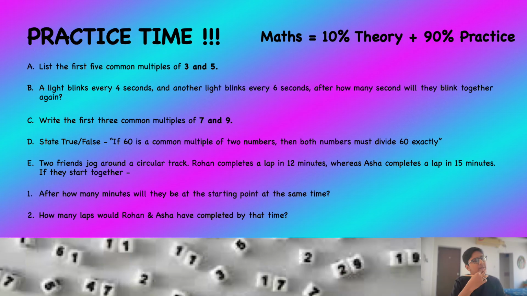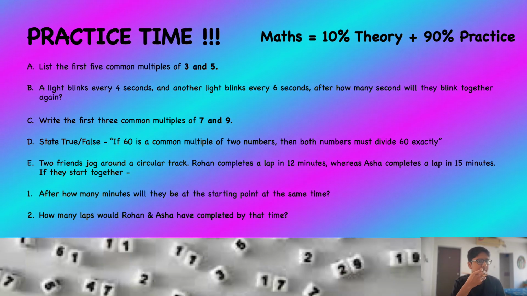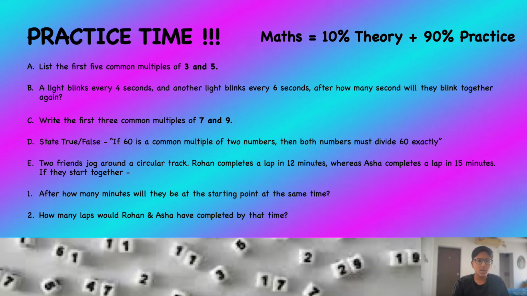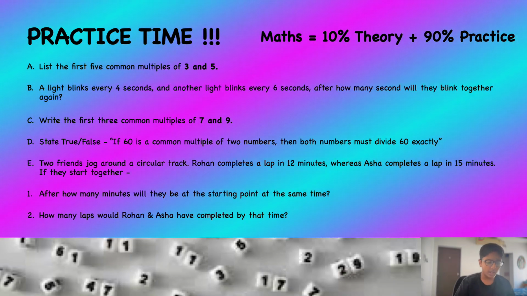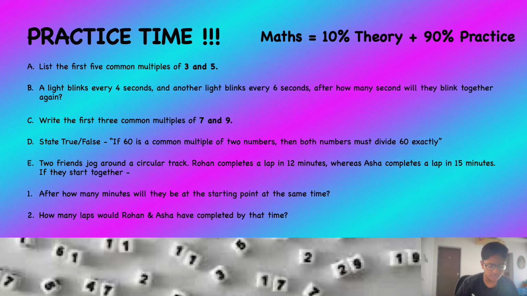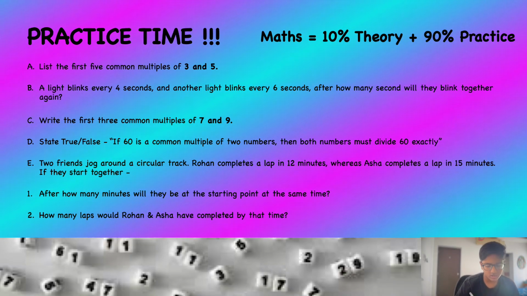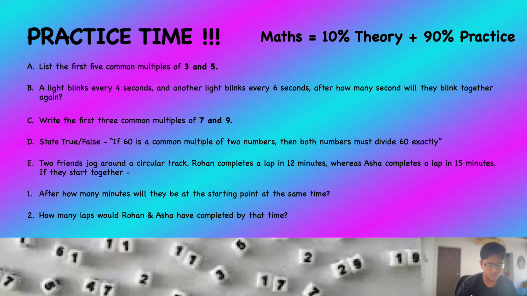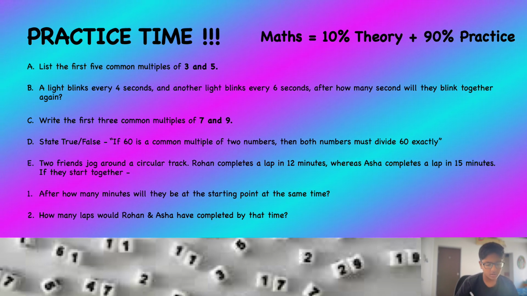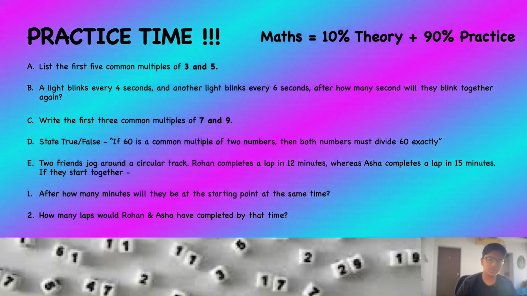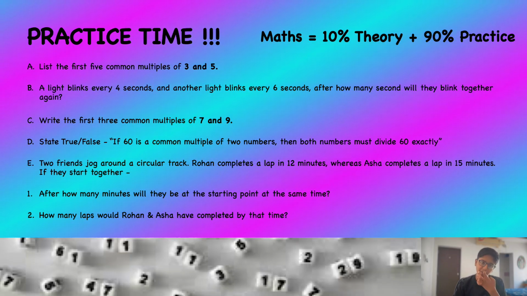For this we have to write the common multiples: 12, 24, 36, 48, 60, and 15, 30, 45, 60. 60 is common, so they will meet again at 1 hour.